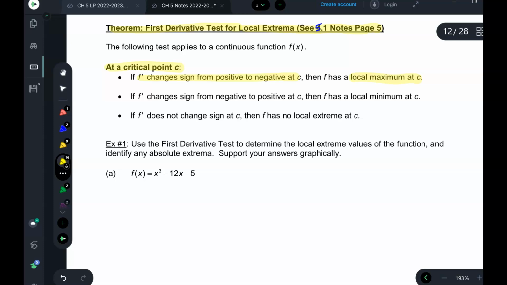If it changes from negative to positive, we got a local minimum. If it doesn't change sign, then it has no local extreme at c. Remember f of x equals x cubed from the homework? It has a critical point, but it just increased and increased, so there's no minimum or maximum here.